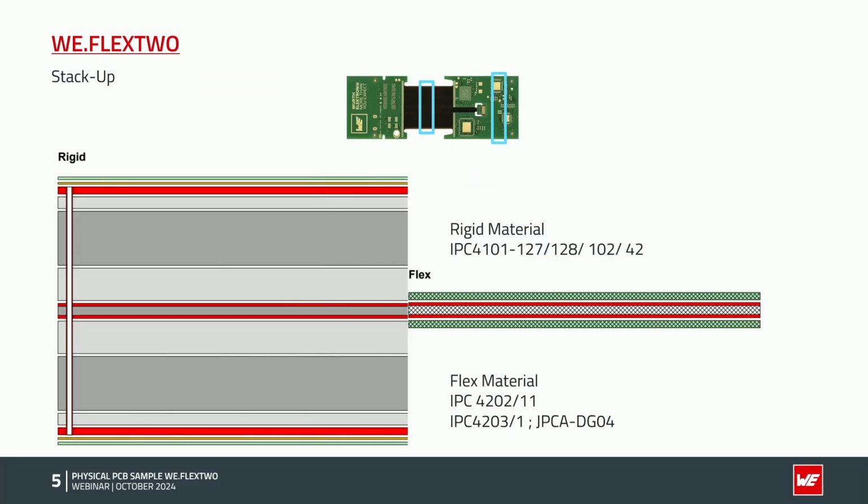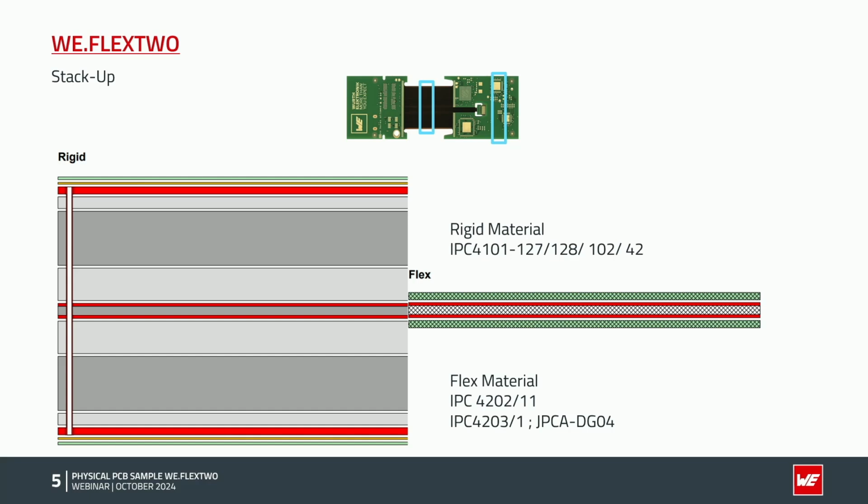So the first point I want to talk about is the material in the flex area and the material in the rigid area, which Würth Elektronik uses for the build-up of rigid flex boards. In the rigid area, we use material according to IPC 4101, 127, 128.